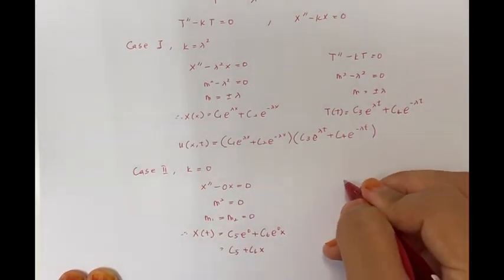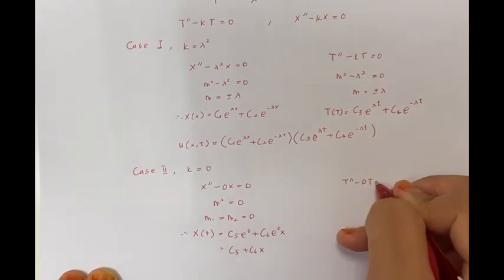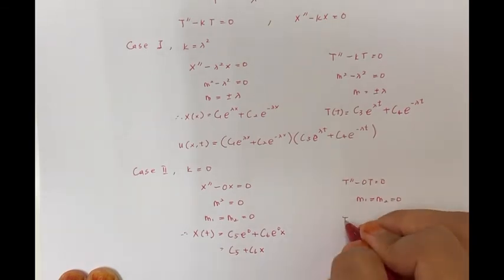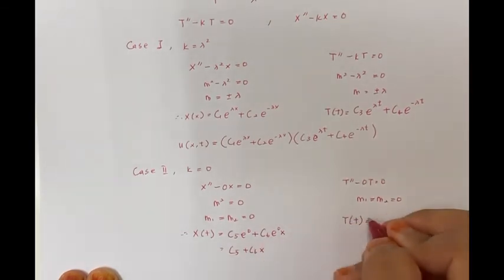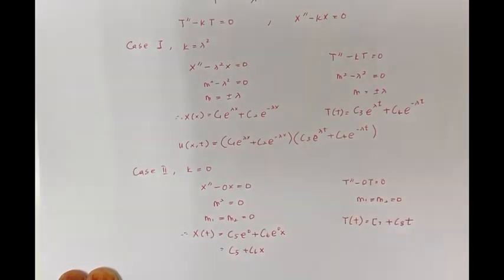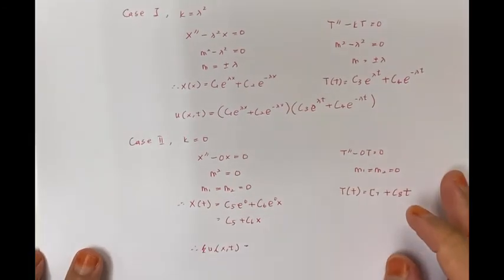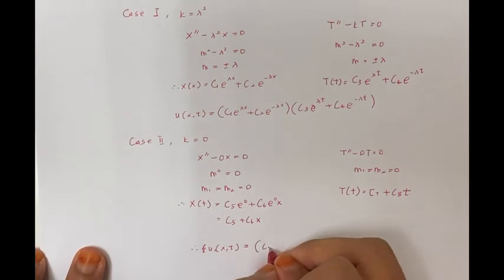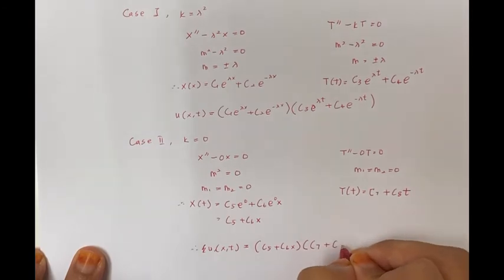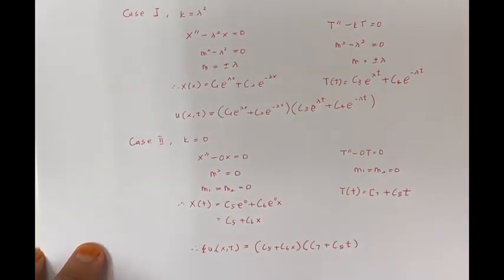For T double prime minus 0 T equal to 0, m1 equals m2 equals 0 as well. So T is equal to C7 plus C8t. Then u(x,t) is equal to C5 plus C6x multiplied with C7 plus C8t. That's it for the first two cases.